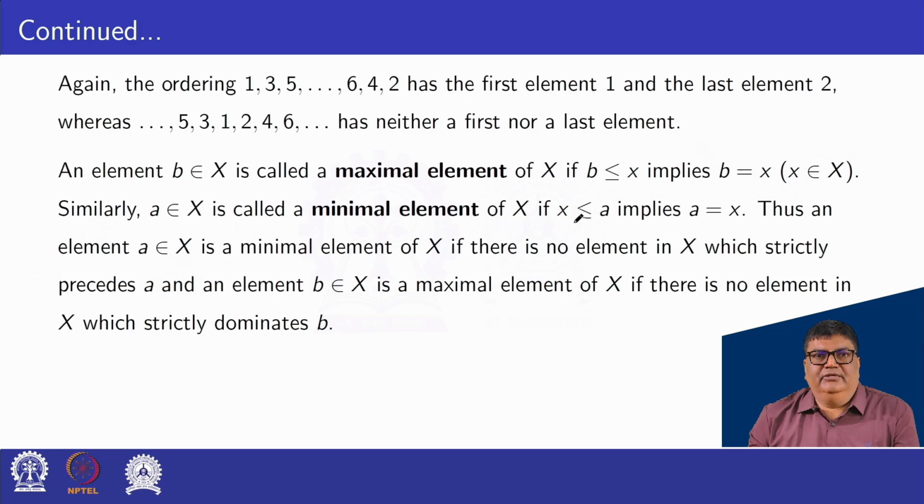Here x ≤ a, there is no element in X which strictly precedes a, and here b ≤ x, there is no element in X which strictly dominates b.